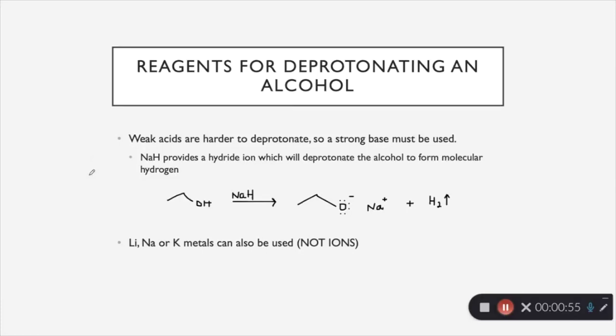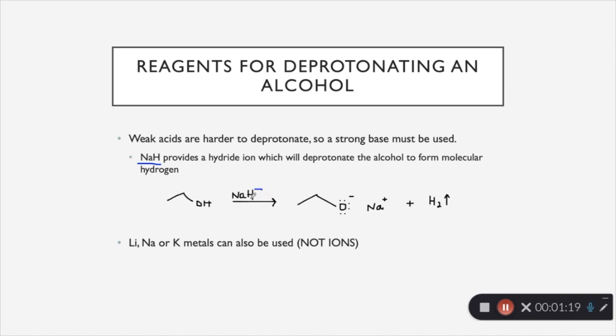So now we're going to talk about some reagents that we can use for deprotonating an alcohol. Since alcohols are a little bit on the weaker side of acids, they are harder to deprotonate, so we must use a very strong base. In this case, we would use something like sodium hydride, and sodium hydride will dissociate in solution, giving a sodium ion and a hydride ion.